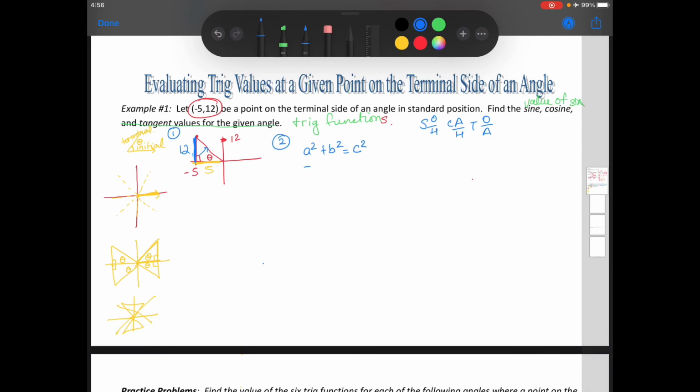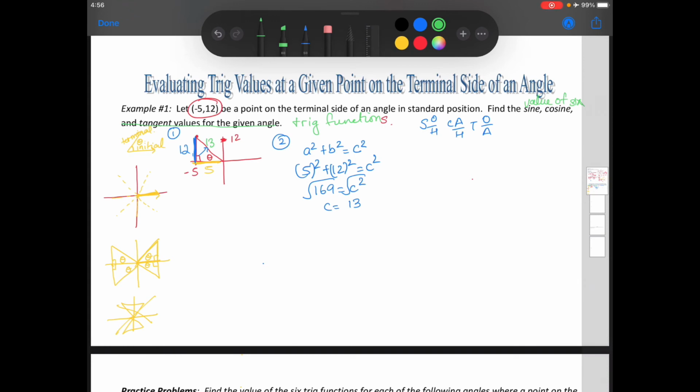So I'm going to substitute in 5 squared plus 12 squared equals c squared. 25 plus 144 is 169 equals c squared. Take the square root, and c is equal to 13. Again, we take the positive value only because we're talking about lengths of a triangle. So this is 13. So you know all three sides of your triangle.